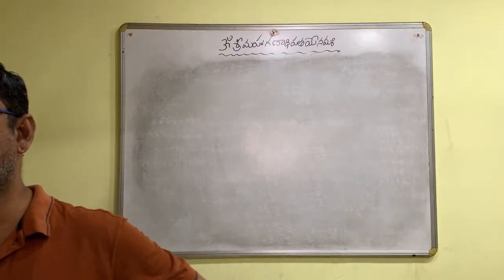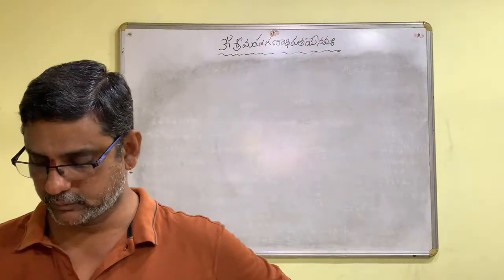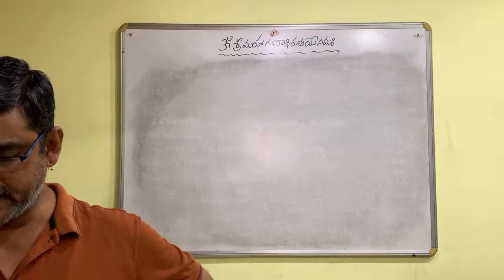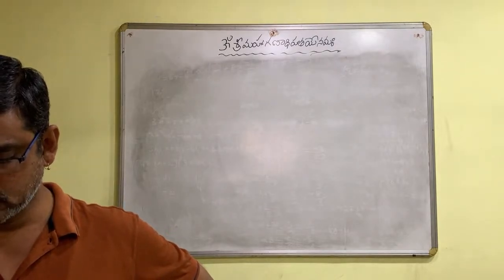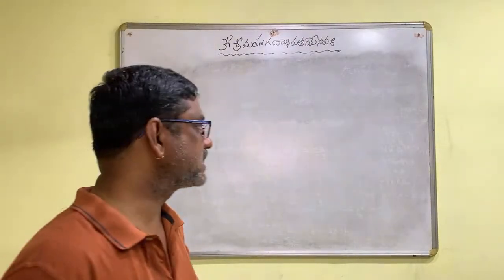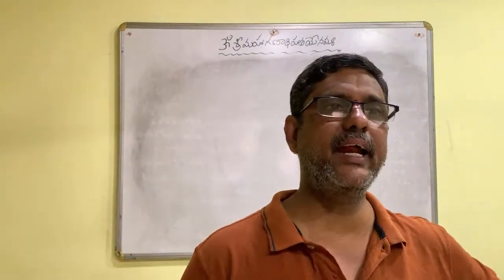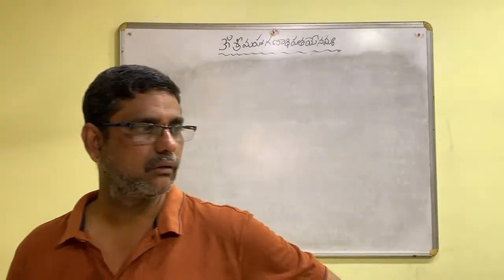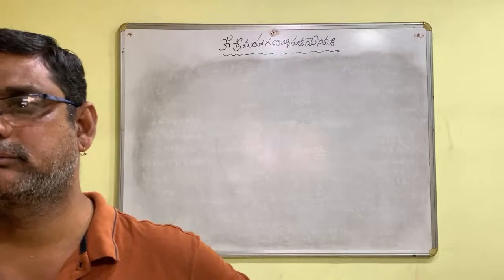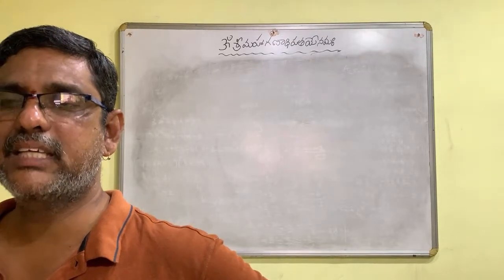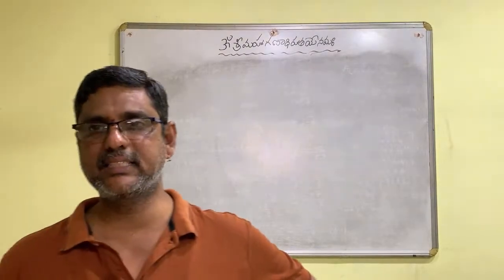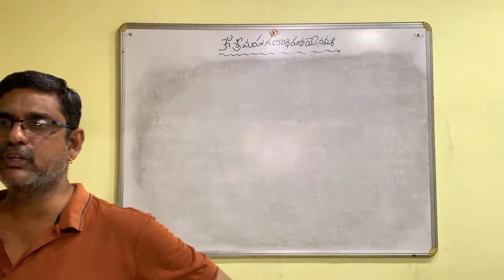Now, see the second question, children. X greater than 0, Y less than 0. X greater than 0 means X coordinate is greater than 0, and Y coordinate is less than 0. Then the point lies in which quadrant?